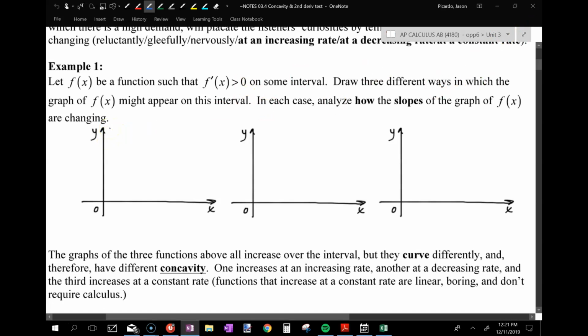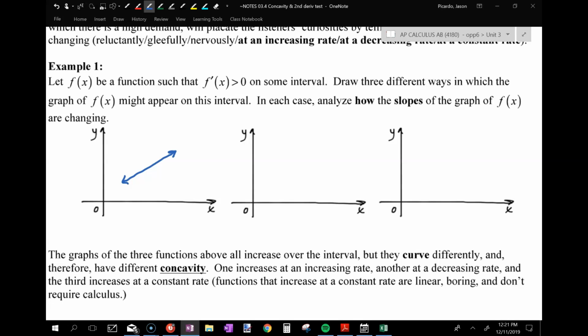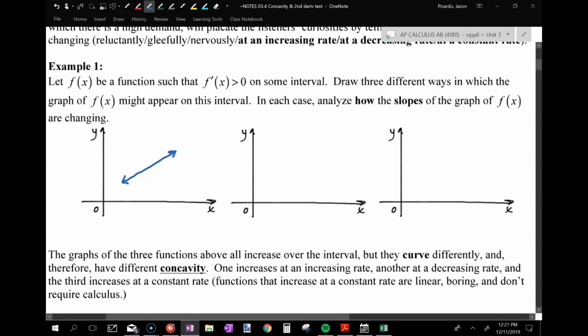So here's what I got. Here I have a curve. If I asked you guys about the slope of that curve, could you give me a slope of that curve? Sure it is. It's a curve. Does it have a slope?